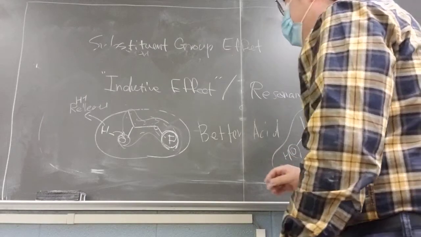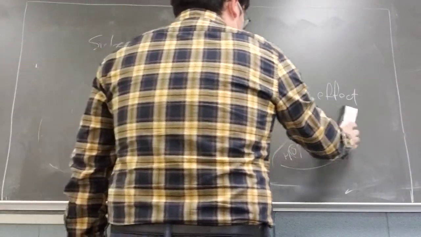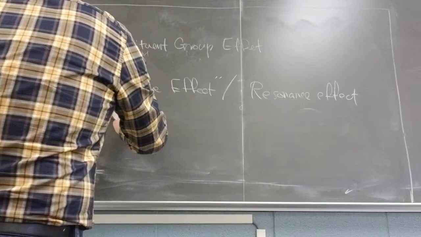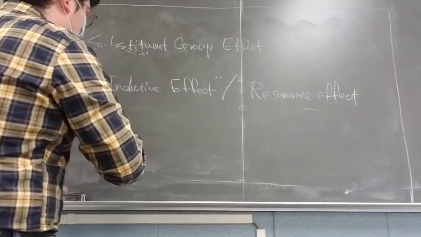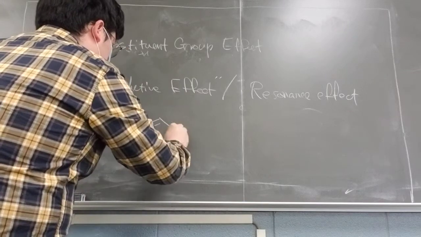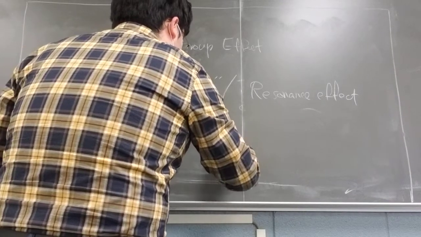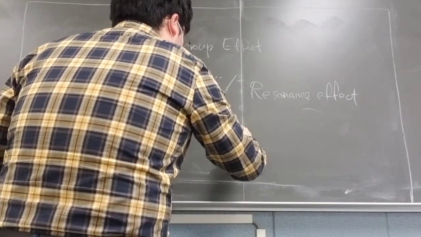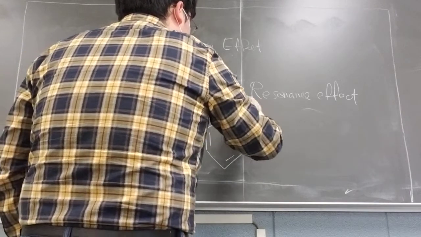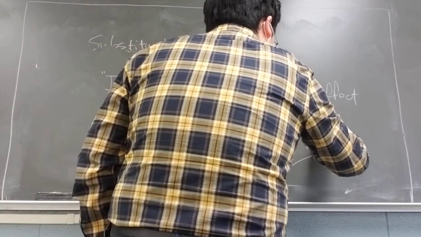Okay. So if you think about it that way, all right, let's think about this one. I'll give you just a few examples here. If you have a chlorine, hydroxy groups, or nitro groups, okay?